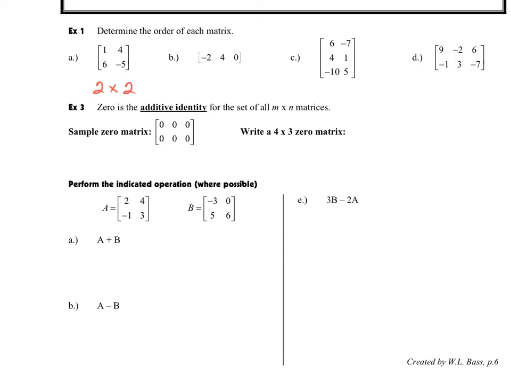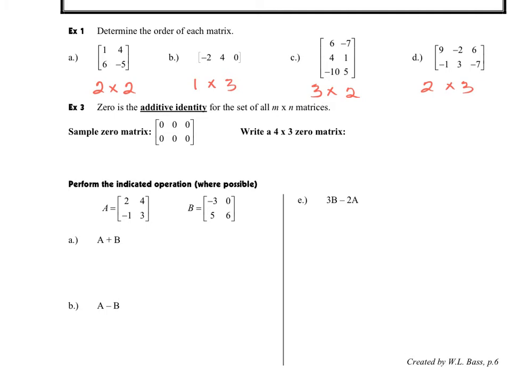On our next one, we would say that we have 1 row and we have 3 columns. On the next, we have 3 rows and 2 columns. And on our last one, we have 2 rows and 3 columns.